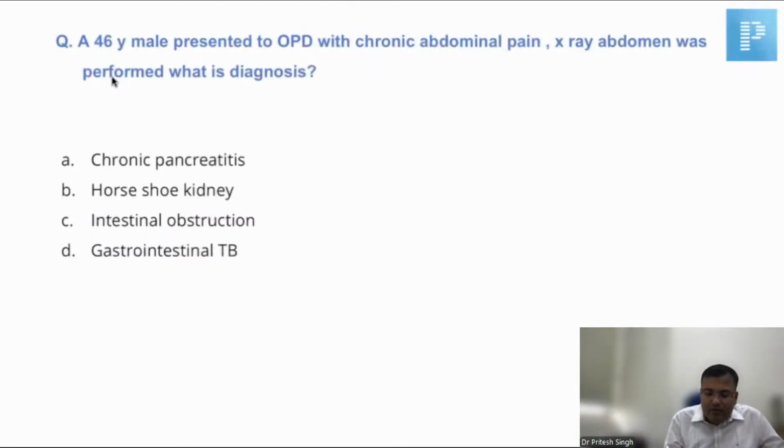Okay, next. 46-year-old male presented to OPD with chronic abdominal pain. X-ray abdomen was performed. What is the diagnosis? Guys, can you tell me what was this question? Anybody remembers?